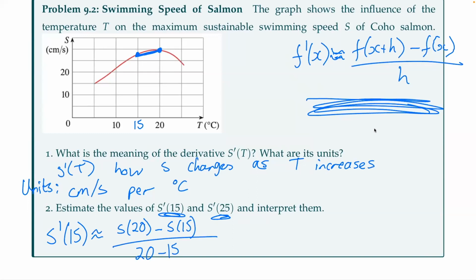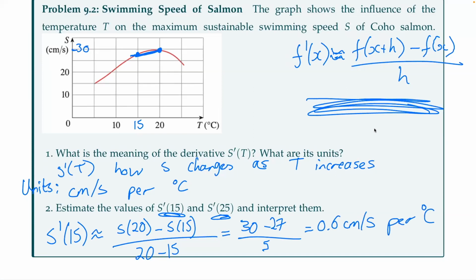This looks like it should be about 30. What do we have here? Well, it looks like it's maybe around 27. And the difference is 5. So this is approximately 0.6 meters per second, not meters, centimeters per second. Always make sure you get your units right and don't screw up like that. Centimeters per second per degree C.